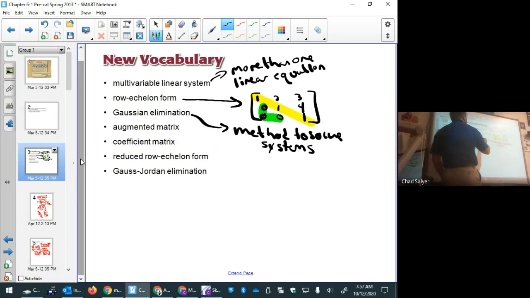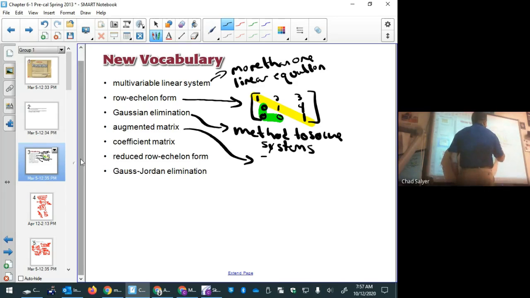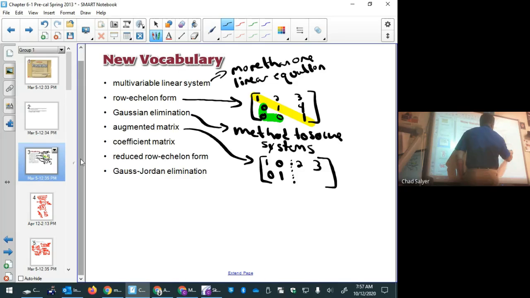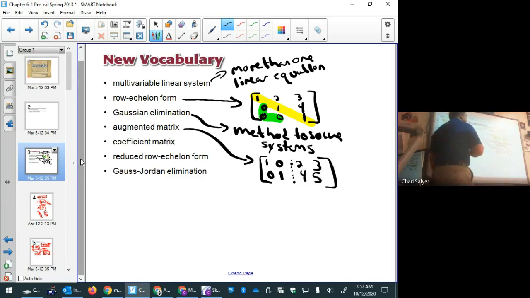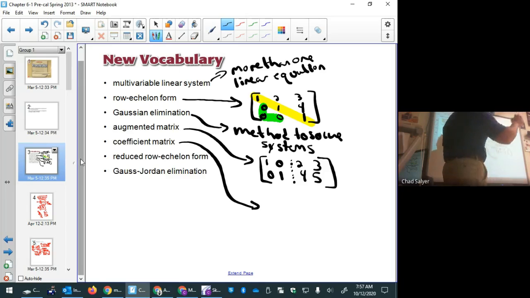Augmented matrix. This is when you add one matrix to another, and it's usually indicated with a dotted line at the point where the matrices are merged. So that's an example of what an augmented matrix might look like. Coefficient matrix. This is when you take a system and rewrite it as a matrix.